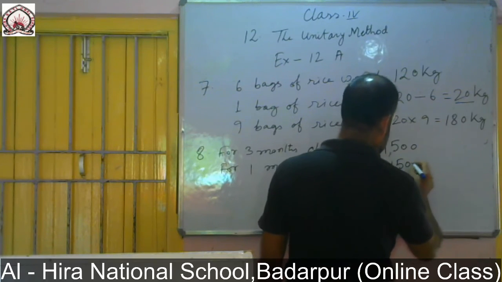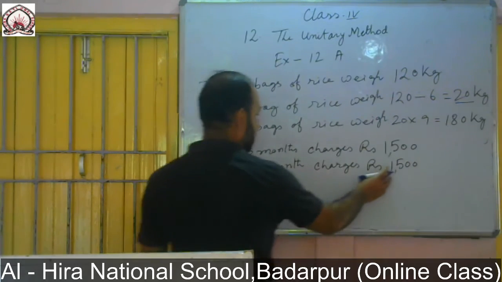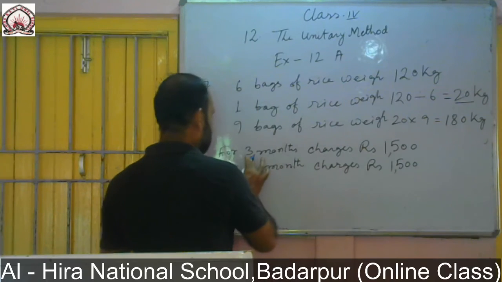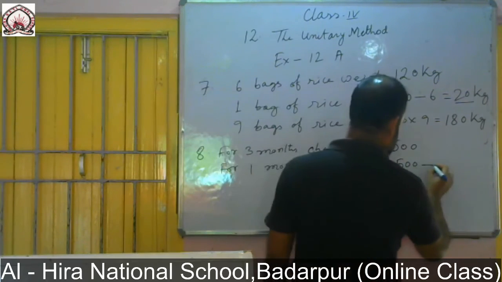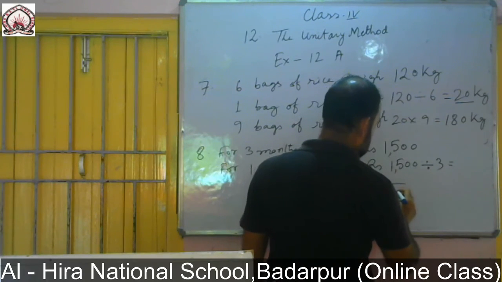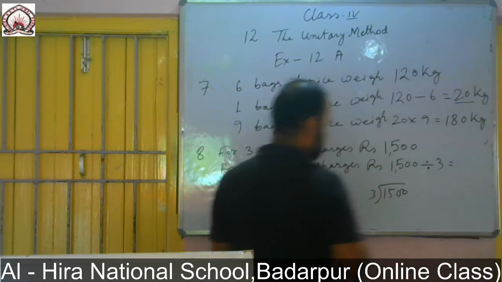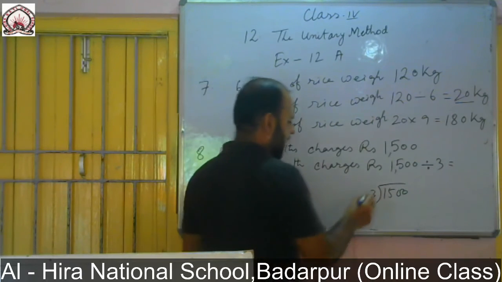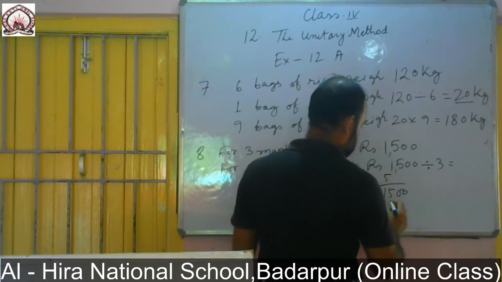1500 divide by 3. If we do divide, 5 threes are 15.